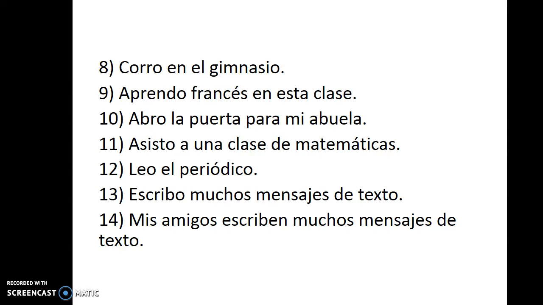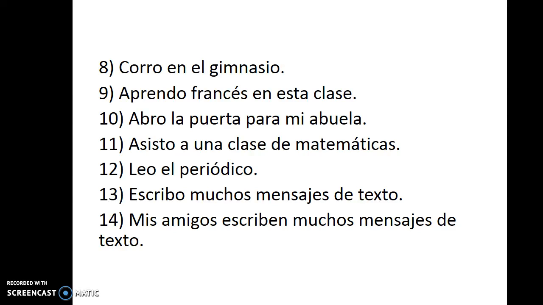El número 11. Asisto a una clase de matemáticas. In my case, no asisto a una clase de matemáticas. This is a tricky one because our verb asistir is what we call a false cognate or a false friend because it looks like the verb assist, but it actually means attend. All right?